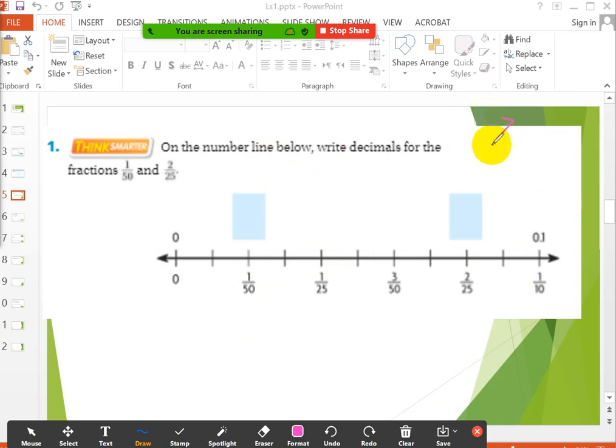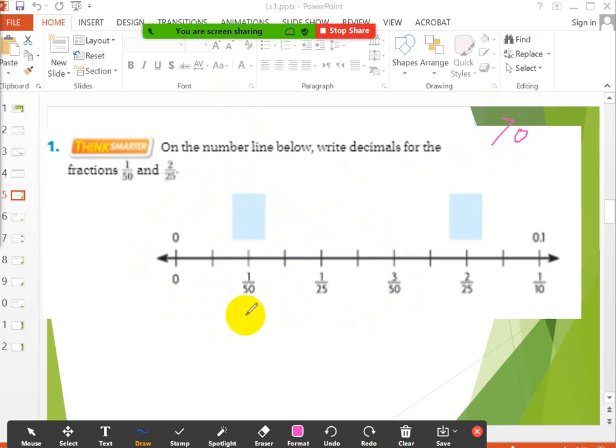This is page 70, okay, girls? So let's start our lesson. Yesterday we talked about how I can write a fraction as a decimal number or a decimal number as a fraction.